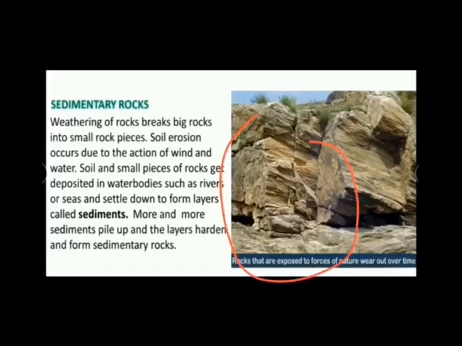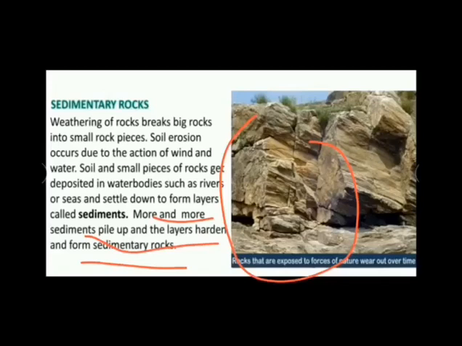Over a long period of time, the repeated deposition of sediments occurs, and ultimately these layers transform into a solid rock known as sedimentary rock. As more and more sediments pile up, the layers harden and form sedimentary rock.